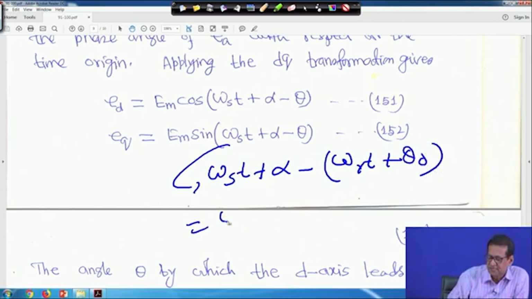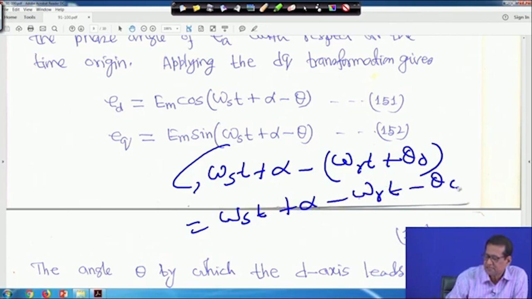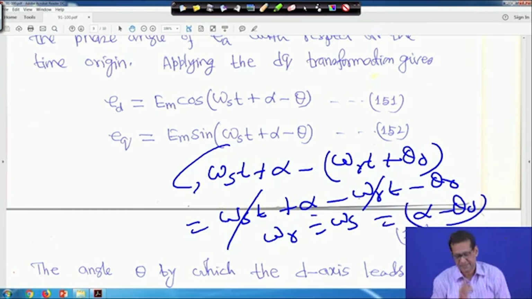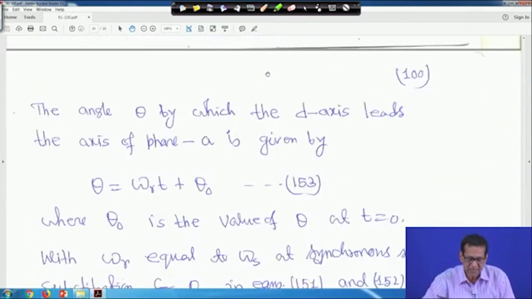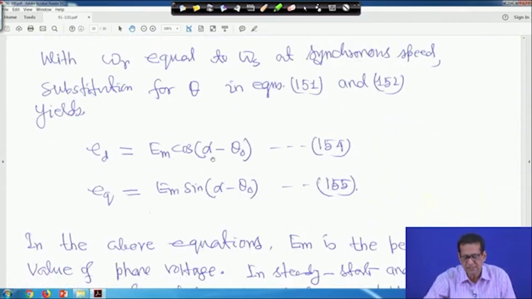So, this is omega st plus alpha minus omega r t minus theta 0, but omega r is equal to omega s, right. Therefore, this term will be cancelled. Ultimately it will be alpha minus theta 0, right. That is why we write ED is equal to EM cos alpha minus theta 0, this is equation 154, and EQ is equal to EM sin alpha minus theta 0, that is equation 155, right.